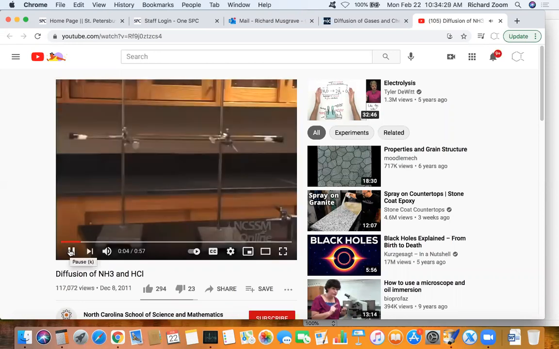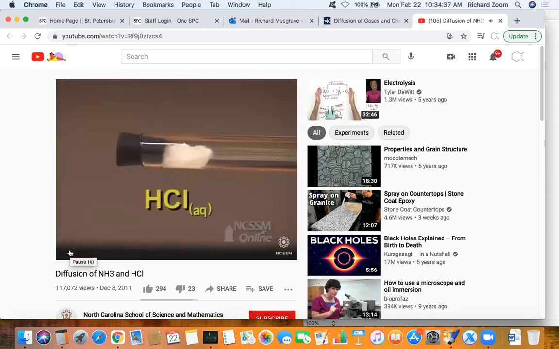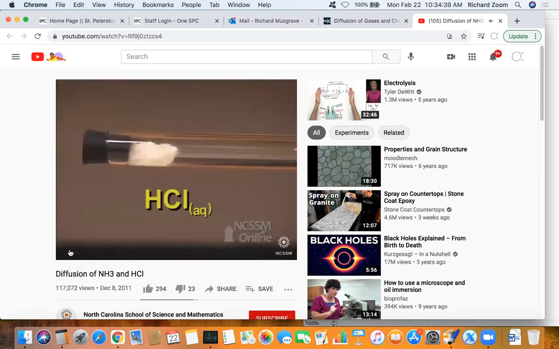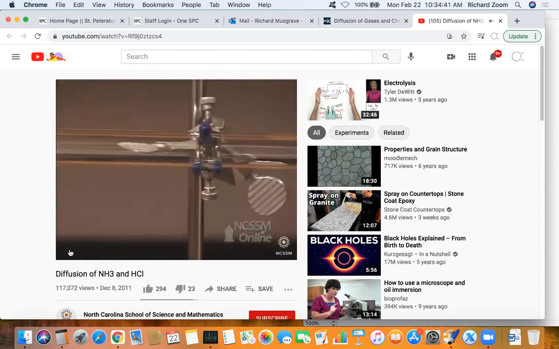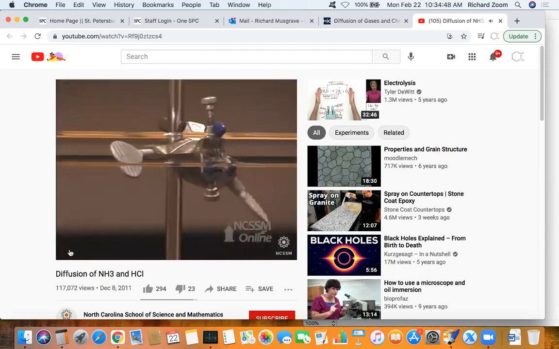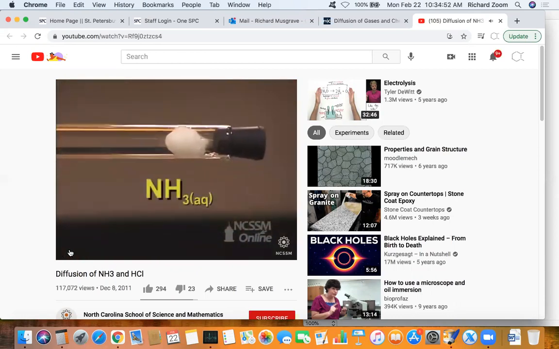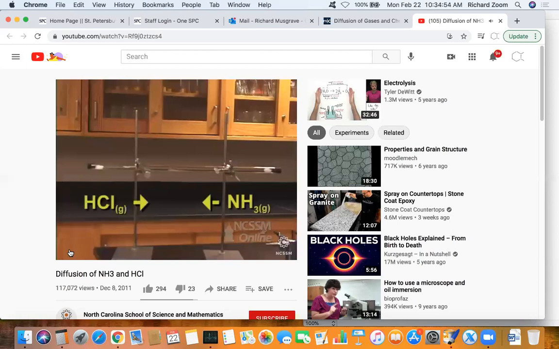In this diffusion experiment, we're looking at the diffusion of HCl gas and ammonia gas. We have concentrated solutions of HCl and ammonia on the cotton in the tube. The HCl and the ammonia escape from the solution. The gas travels down the tube. The rate at which the gas travels down the tube is dependent upon the molar mass of the gases.